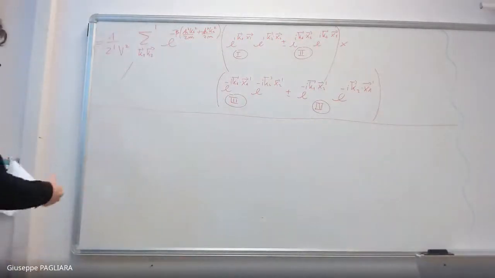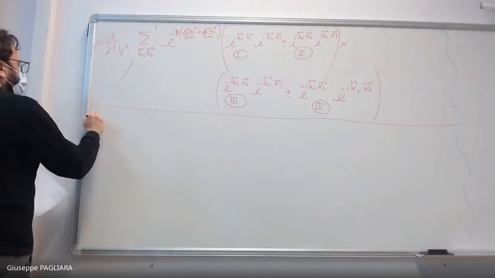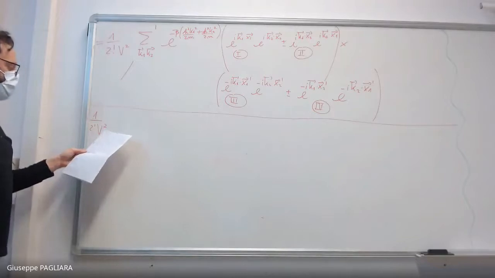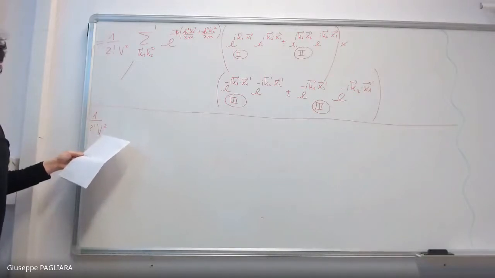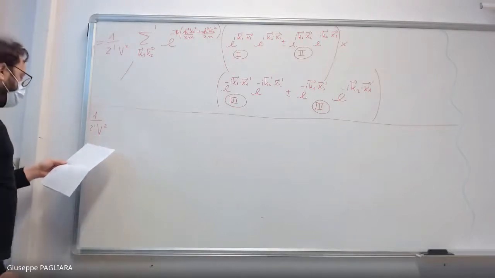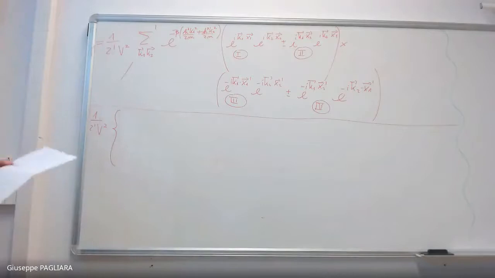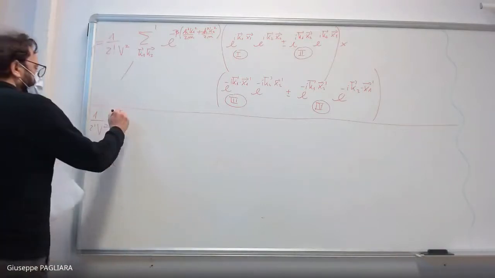Now you have 1 over 2 factorial V squared. This V squared comes from the fact that we are considering 2 particles, and at the end I will see that it will be removed. Then we have to do all the sum, and let's try to do it.